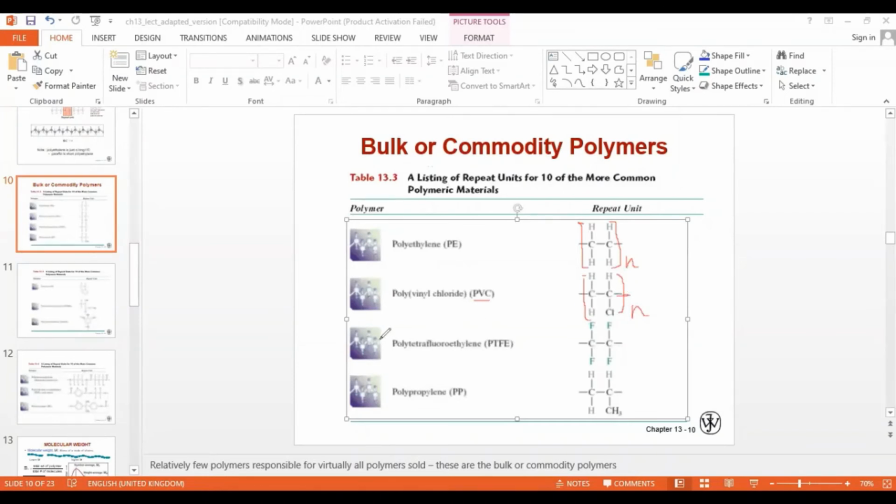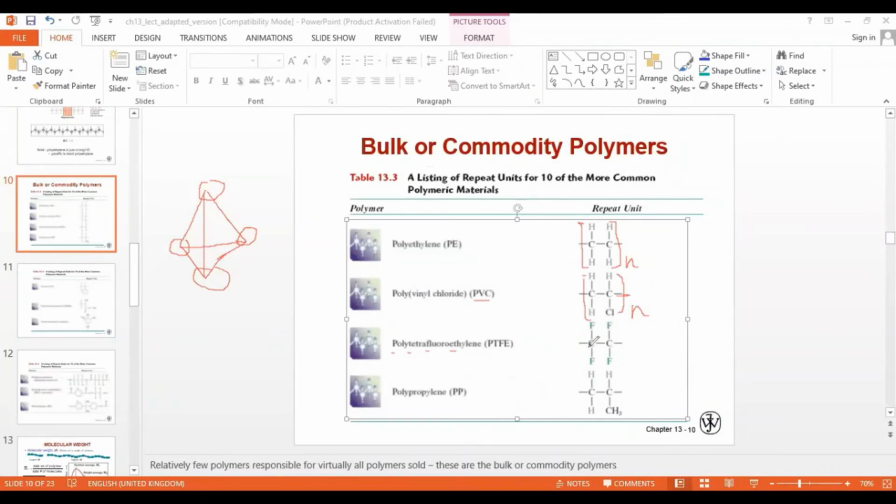Then I have polytetrafluoroethylene, PTFE. That's why it is PTFE. There I have 2 carbon and 4 fluorines. Why 4 fluorine? Tetrafluoro. Tetra means 4, like tetrahedron. So tetrafluoro, fluorine 1, 2, 3, 4.